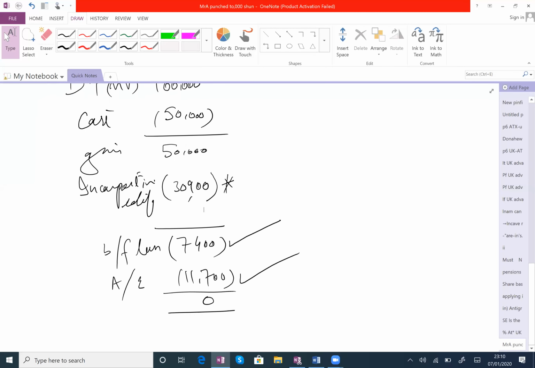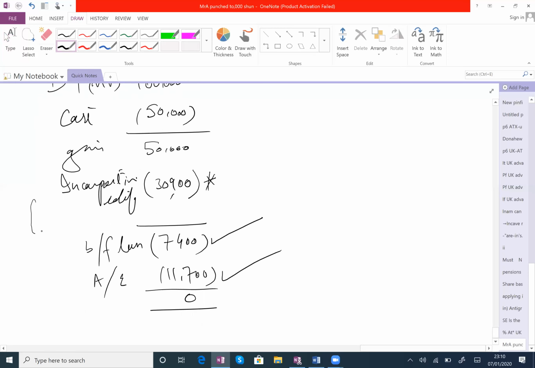But here, when you get cash consideration and make the incorporation relief partial, what will be the formula of incorporation relief then? The formula of incorporation relief is gain 50,000 multiplied by share consideration, divided by total consideration. In this question, share consideration is not given, but total consideration is given: 100,000.